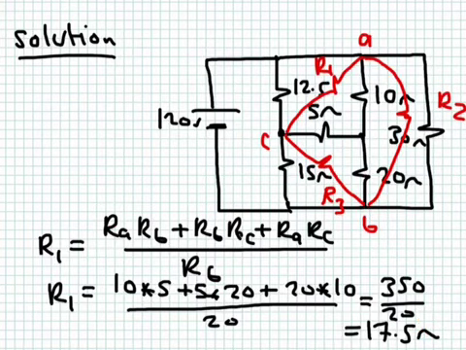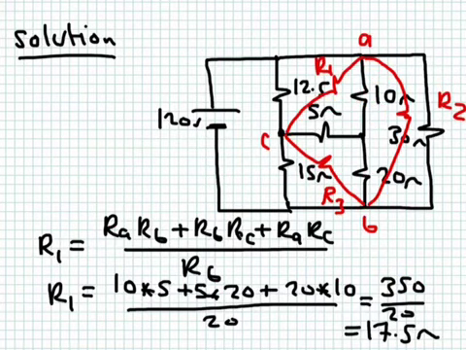So we know that R1 is equal to 17.5 ohm. You repeat the same expression again for R2 and R3. The only difference is that for R2, you divide 350 by 5. So this will give you 70 ohm. And then for the third resistance R3, you divide the 350 by RA, which is 10 ohms. This gives you 35 ohm.